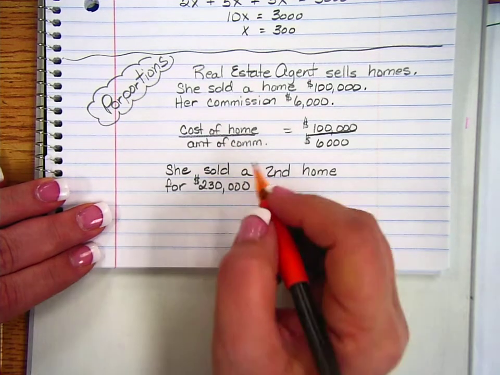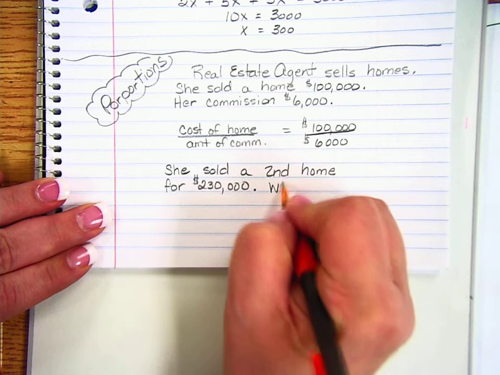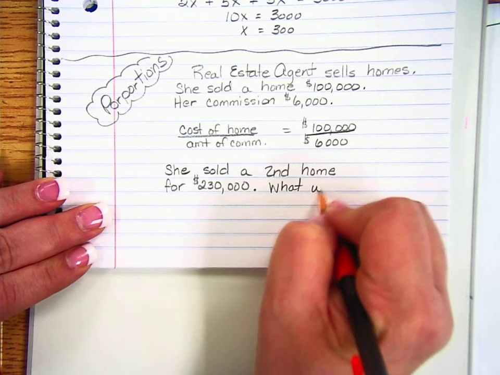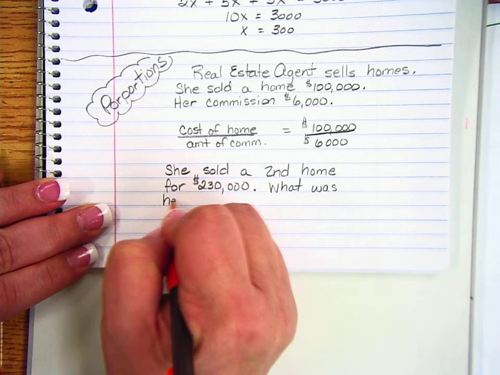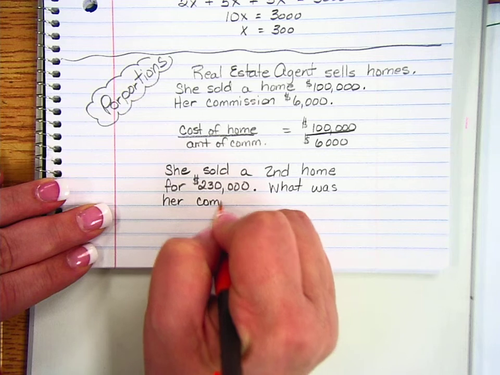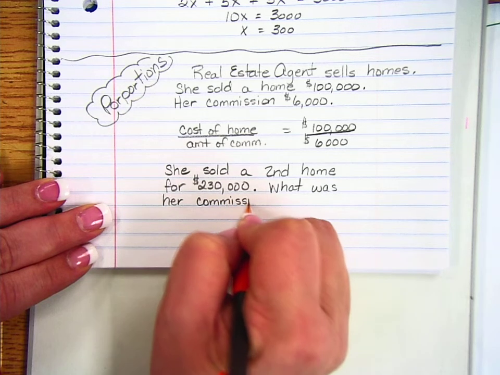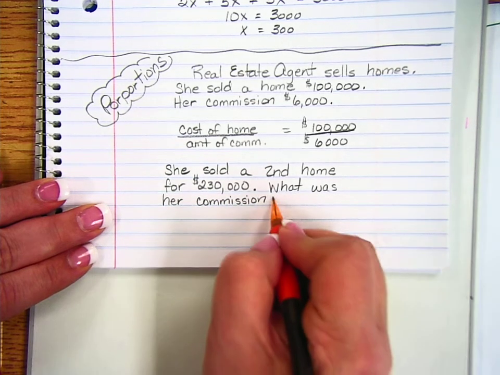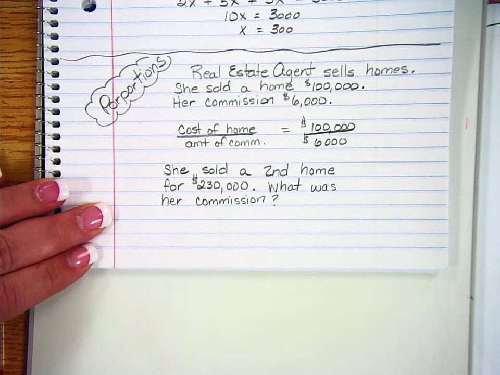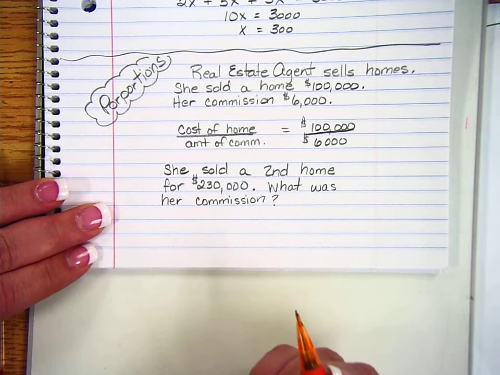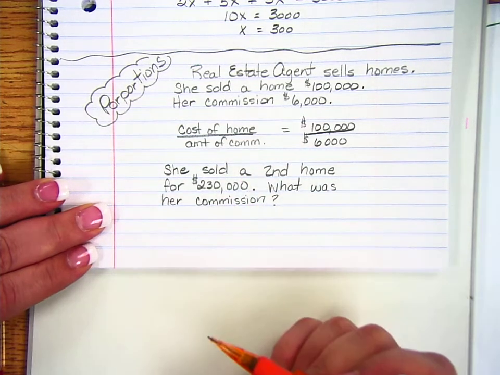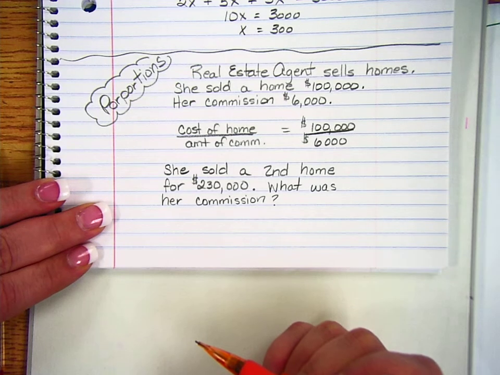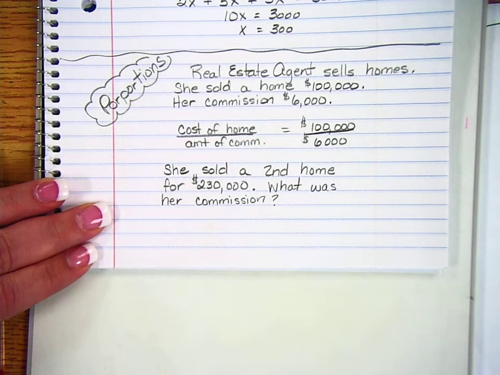Guess you know what I'm going to ask, don't you? What was her commission? Let's go back up and look at the original ratio and see if we can come up with a ratio that's equal that fits a new situation.